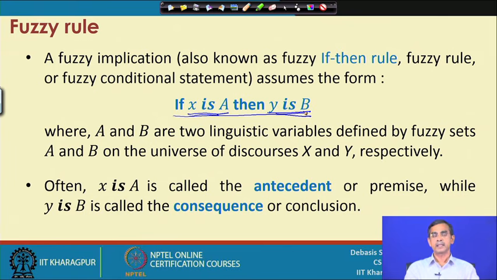Now, it is necessary to calculate what it means. That means, if x is A, then y is B, what value does it return to us? We will see that if x is A then y is B can be expressed in the form of a relation matrix. That means the fuzzy implication can be stored in the form of a matrix, and it is important to calculate the different entries in the matrix.